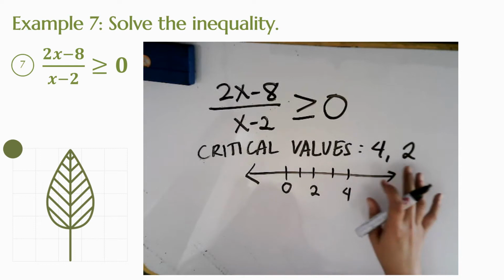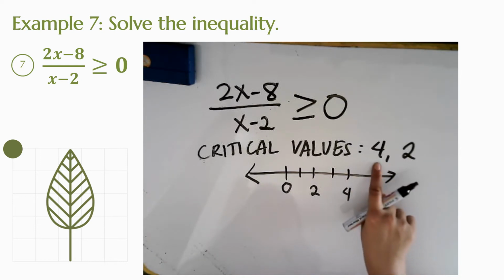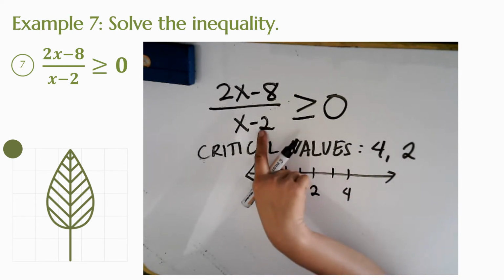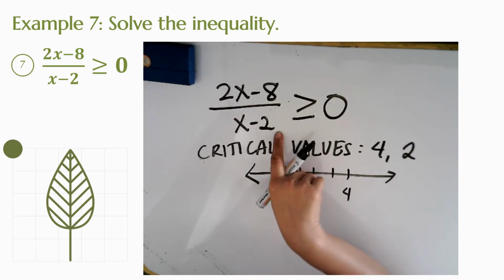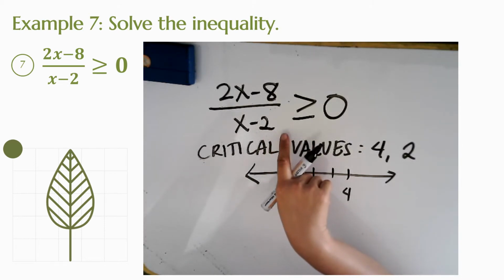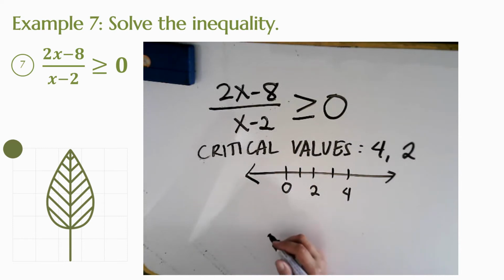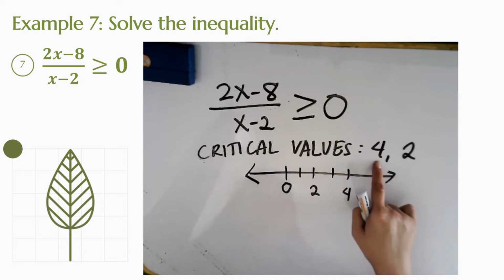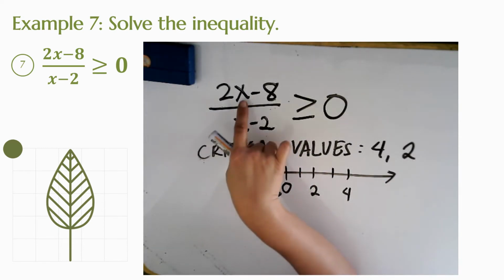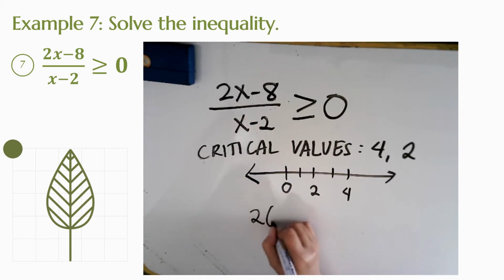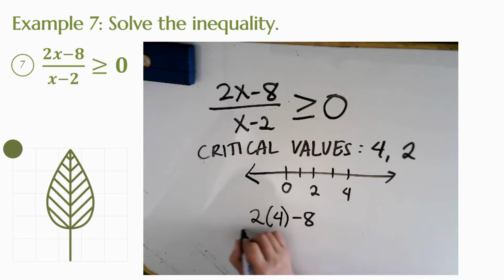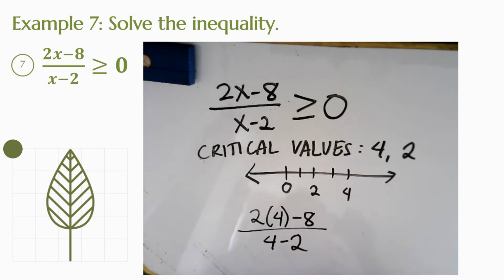To know if they are included or not, we are going to substitute these values into the given rational inequality, and let's see if that will make the statement true. So let's try 4. If x is 4, replace all x's by 4. So 2 times 4 minus 8 over 4 minus 2. 2 times 4 is equal to 8 minus 8, and that will be 0.